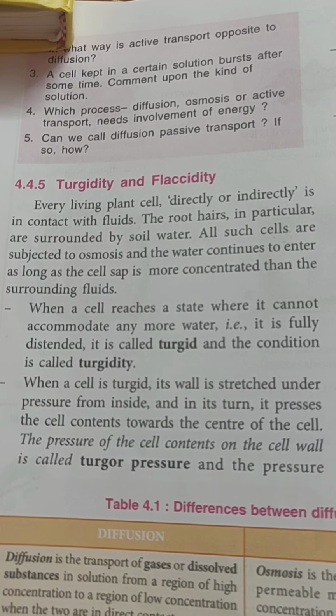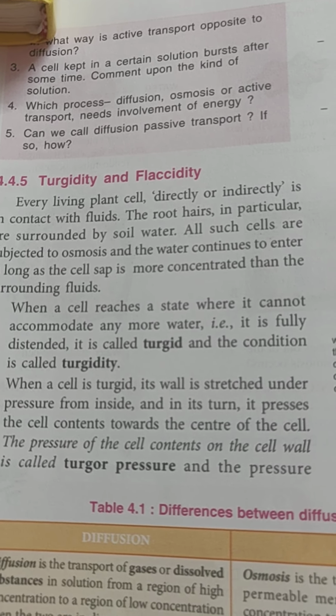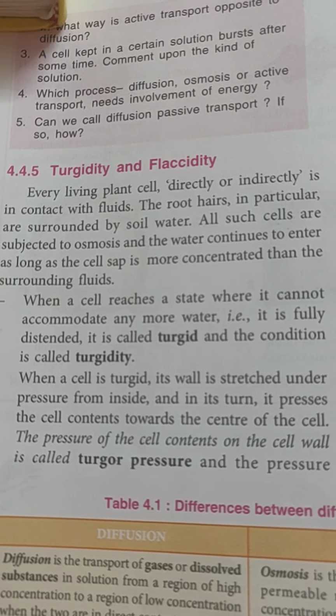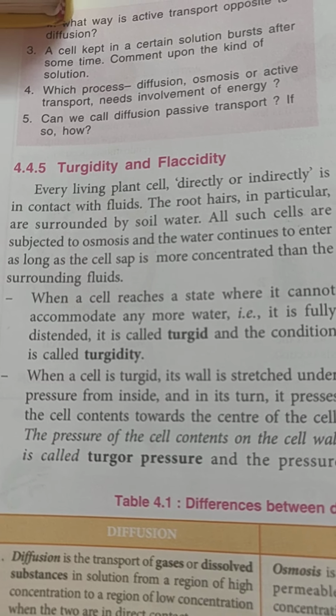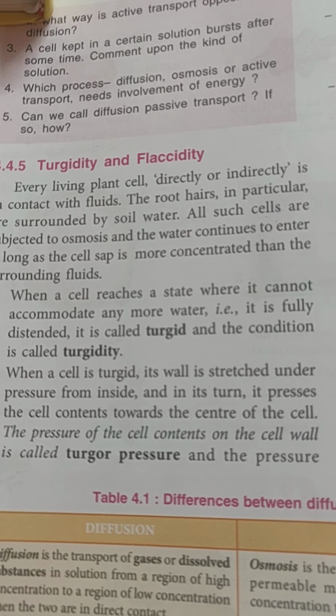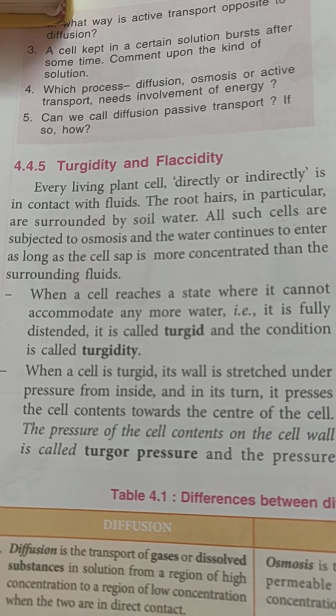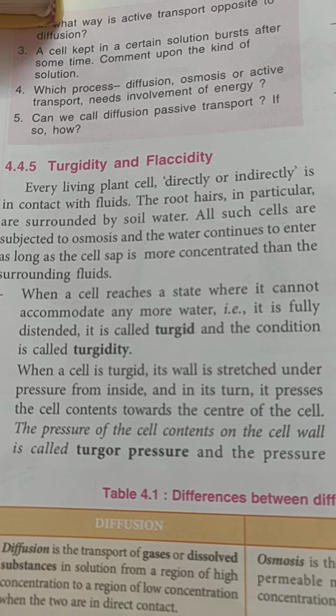In that case, a cell will be called turgid and the condition will be called turgidity. So when a cell is turgid, its walls are stretched under the pressure from inside.